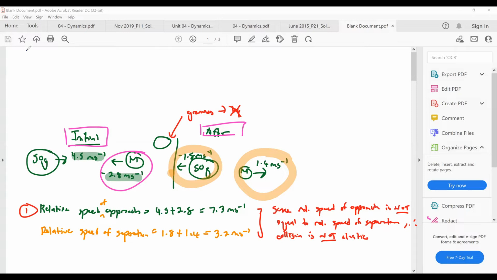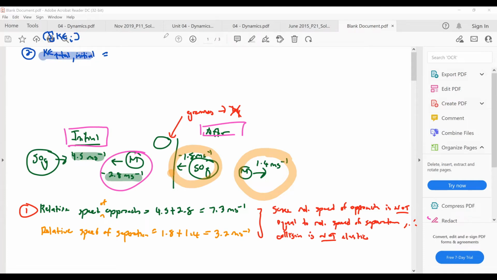If you want to evaluate a different way, you can find out the initial total KE. You can also write this symbol if you want to. I have a tendency to write it as this symbol, but some of you are not used to it. You might be better if you use this.